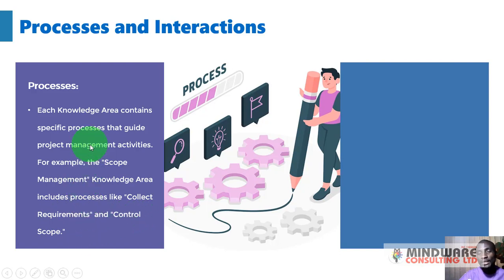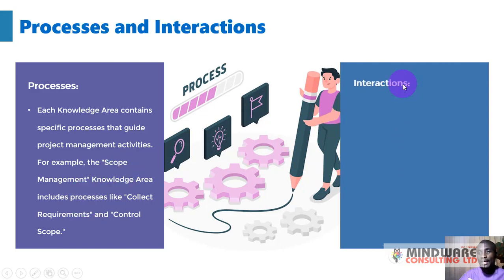So within this knowledge area, you have what we call processes. Those processes are sets of activities meant to get something done, to come up with a particular deliverable. You have to take note of that. That's why we usually say a project is a process of processes.